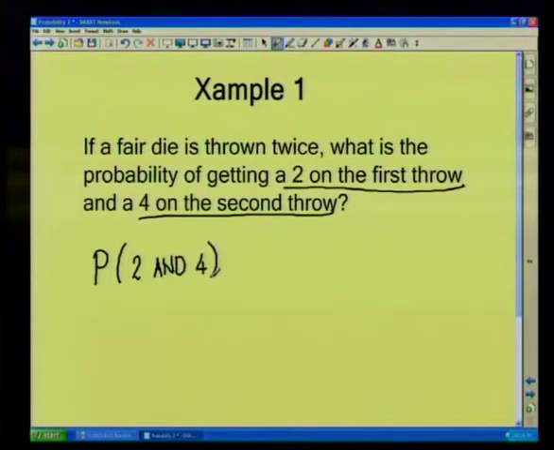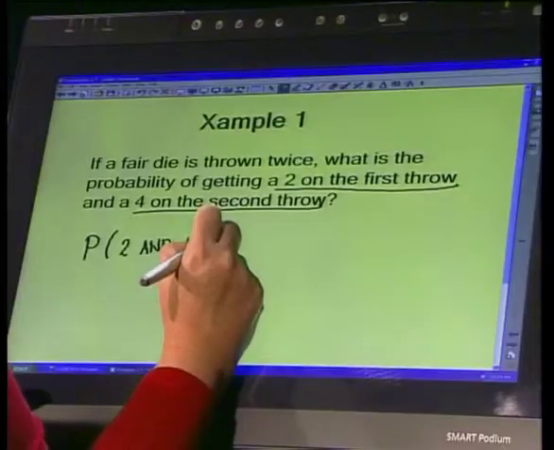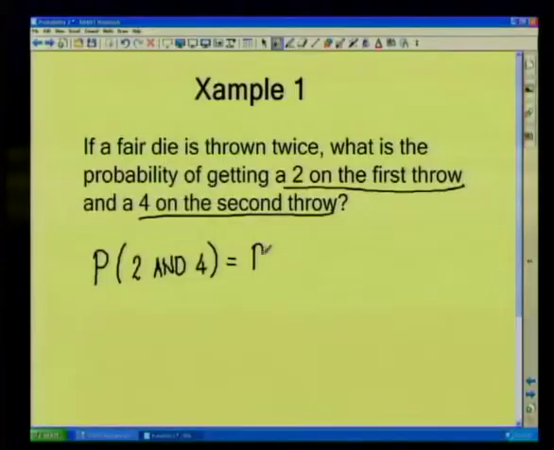Now if I'm throwing the dice twice, does it actually affect each other? If I threw a 2 the first time, would it affect whether I could get a 2 again? No. So they are independent events. They do not affect each other. So I would find the probability of getting a 2, and I would times it by the probability of getting a 4.